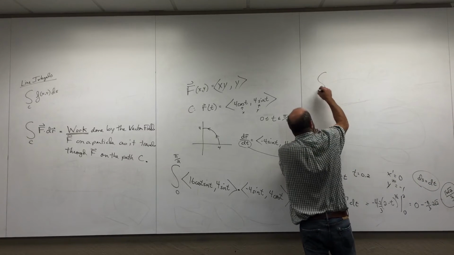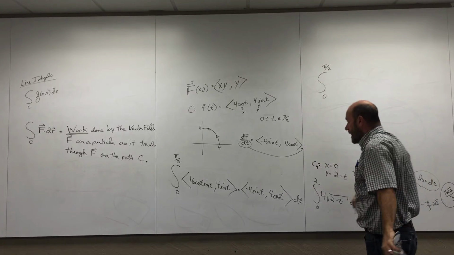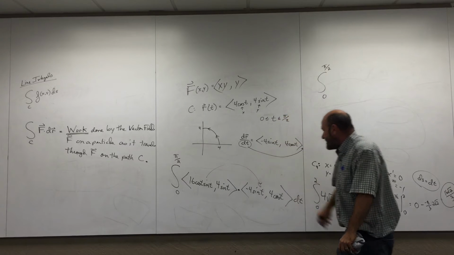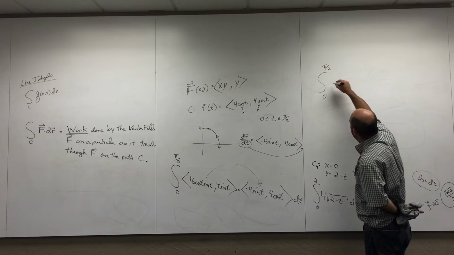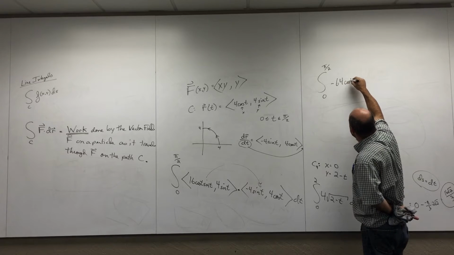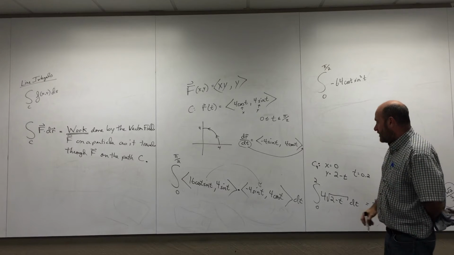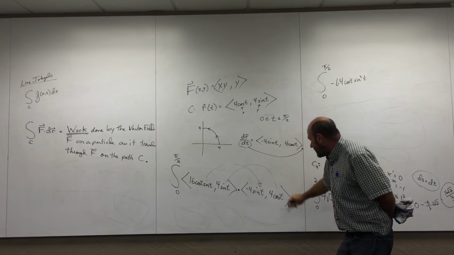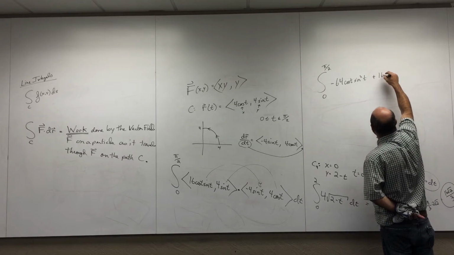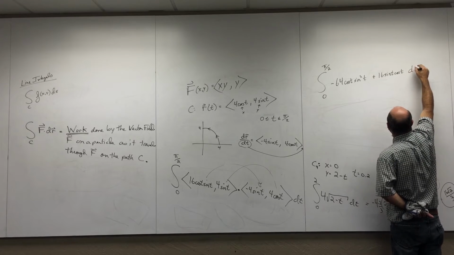Here we go. The dot product. Oh my God, this might be tough. That's negative 64. Wow. Negative 64 cos t sine squared t, plus this thing, 16 sine t cos t, dt.